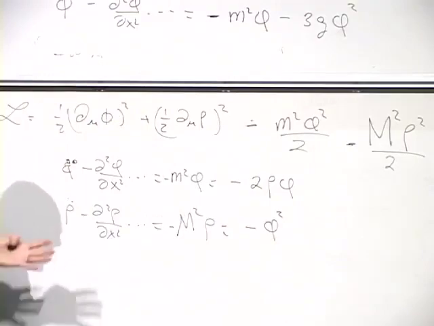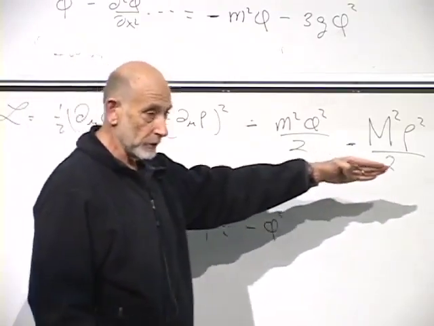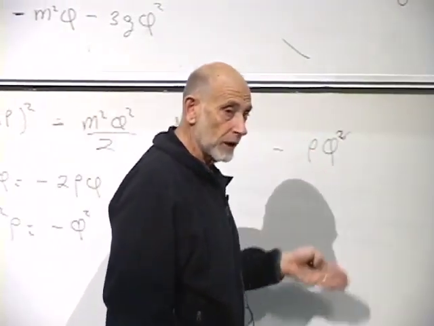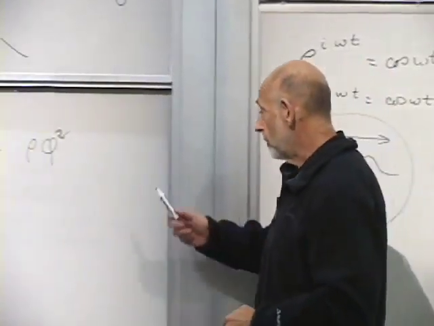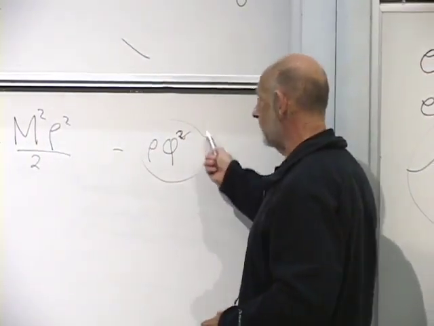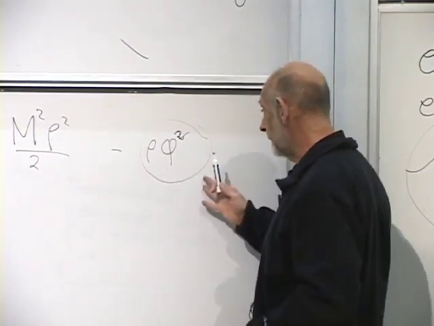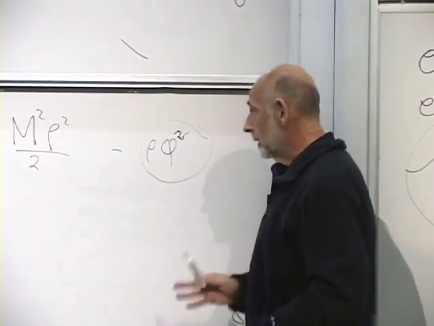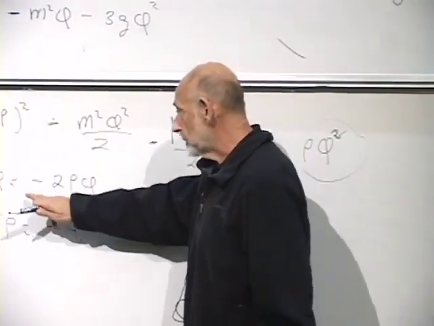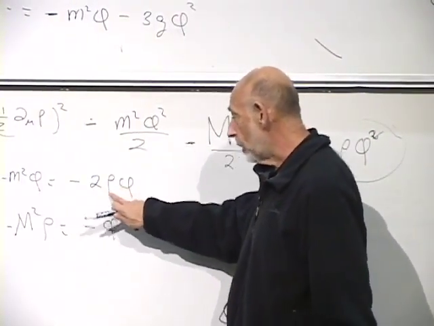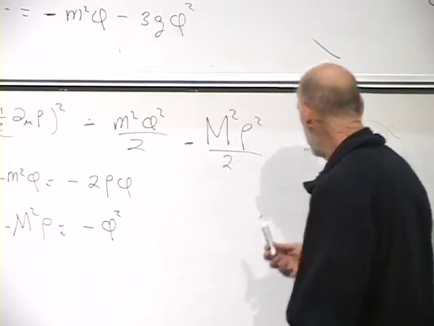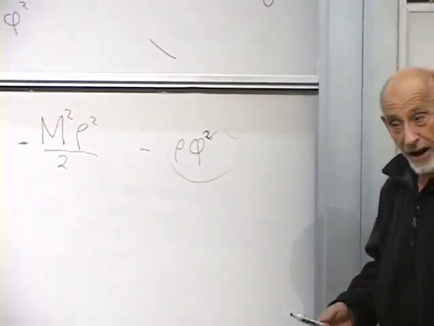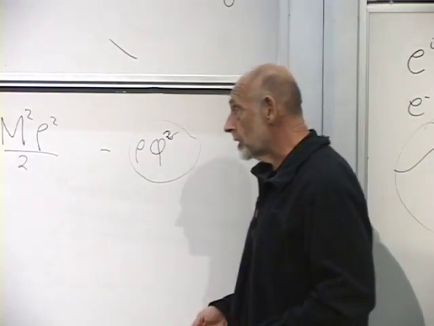Okay, so here we see an example of an interaction between two fields, a term in the Lagrangian which involves both fields. If a term in the Lagrangian involves both fields in some non-trivial way, the result will be that the wave equation for phi will contain rho, and the wave equation for rho will contain phi. If, in addition, this is not quadratic, then the equations are nonlinear.